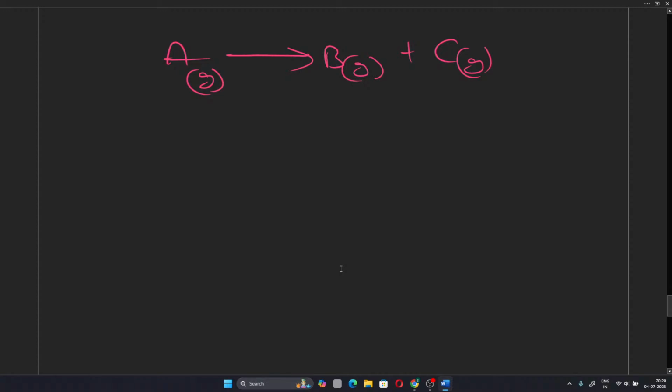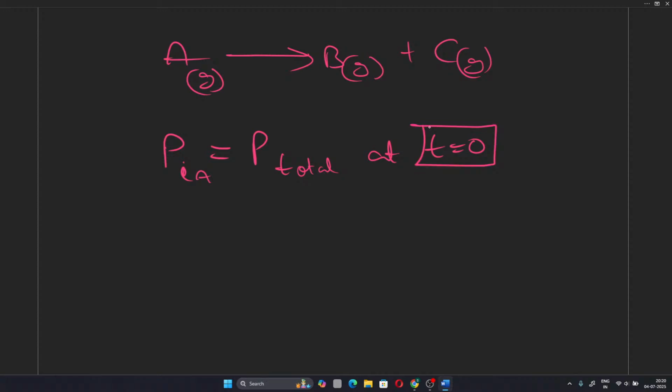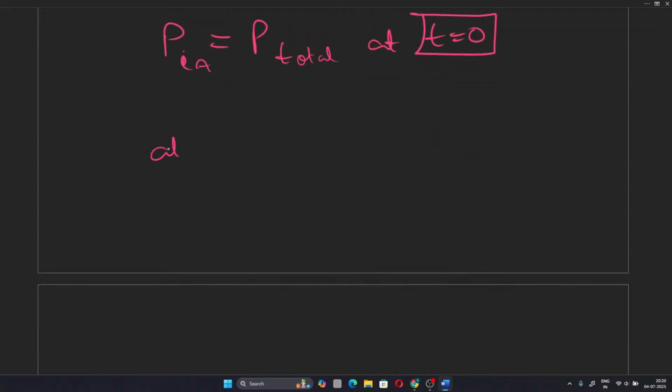Now let's assume the initial pressure of A is equal to the P total at time equals 0. Let's assume at time equals t, the decrease in pressure of A, the partial pressure of A, equals P initial of A minus some x atm of pressure.